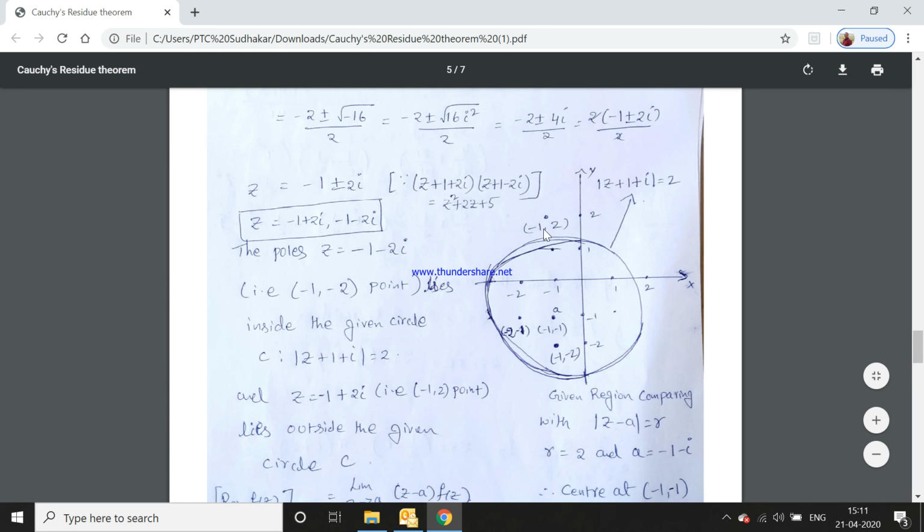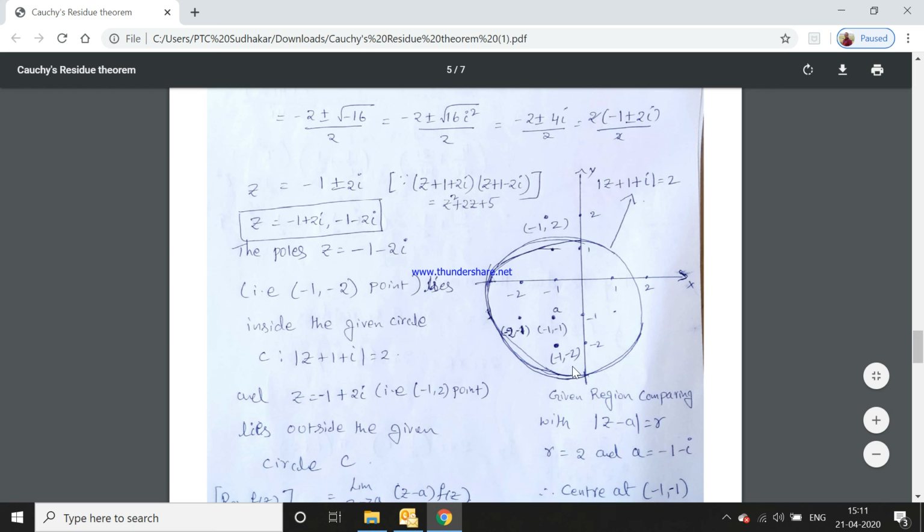The point minus 1 comma minus 2 has x value minus 1 and y value minus 2. So minus 1 comma minus 2 is inside the circle, and the other point, z is equal to minus 1 plus 2i, that is minus 1 comma 2, lies outside the given circle. Why? Because minus 1 comma 2 is outside the given region.